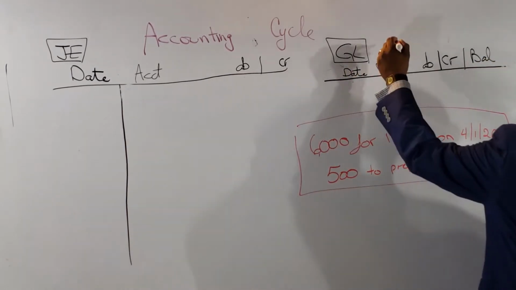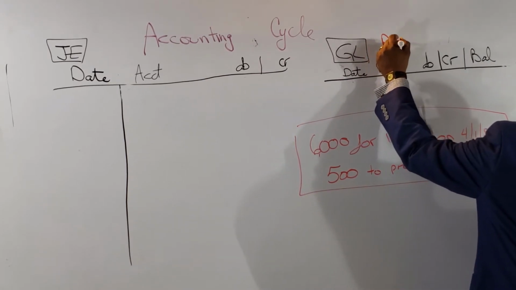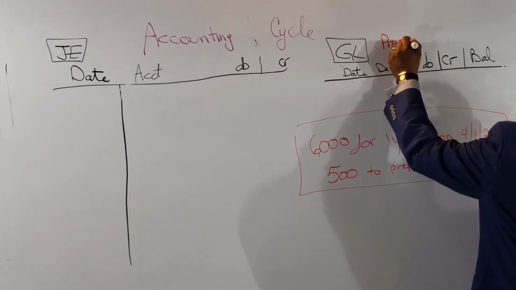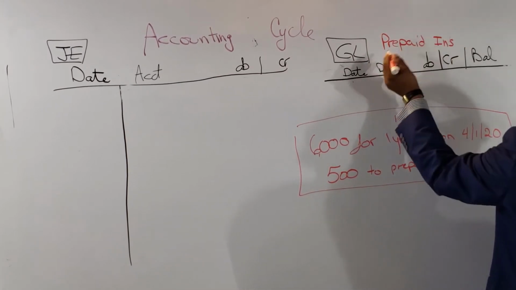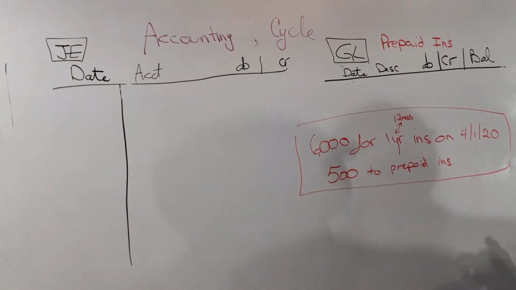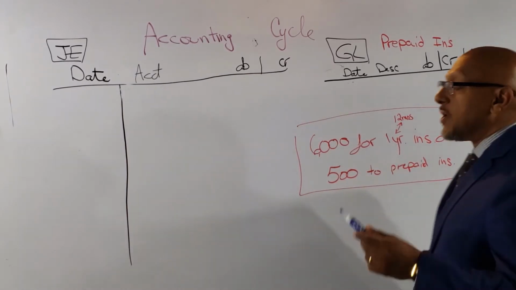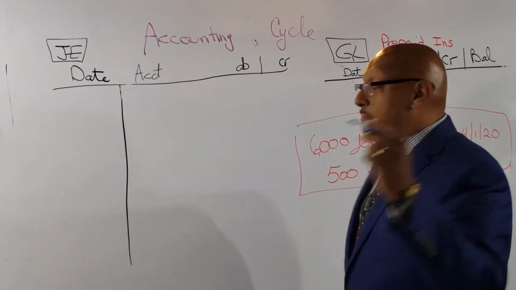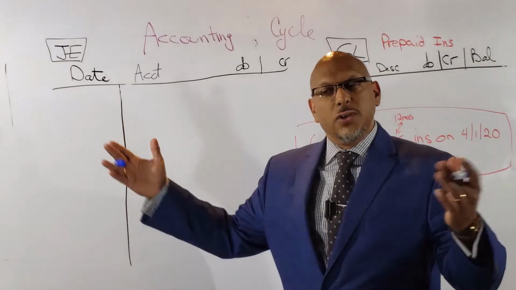Well, first let me put in that the GL we're going to use today in this portion, we're going to call it the prepaid insurance GL. Recall that we did this transaction on the first. So I'm going to write that in the JE so we know that.